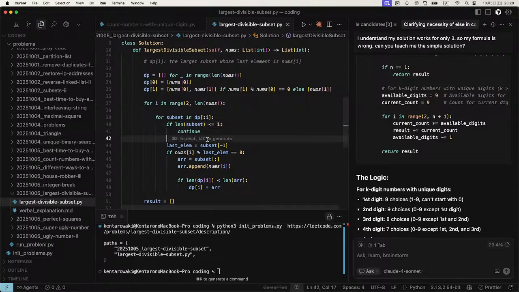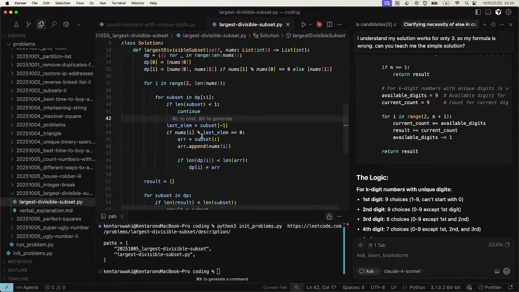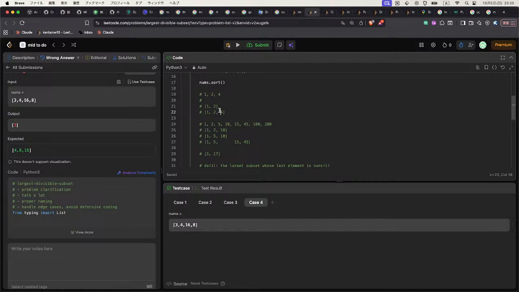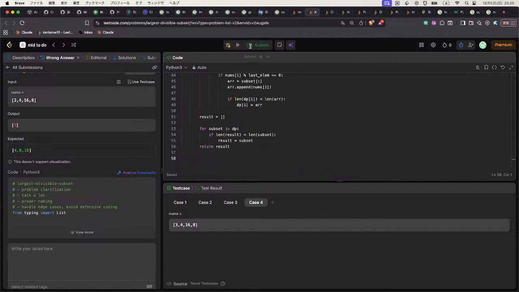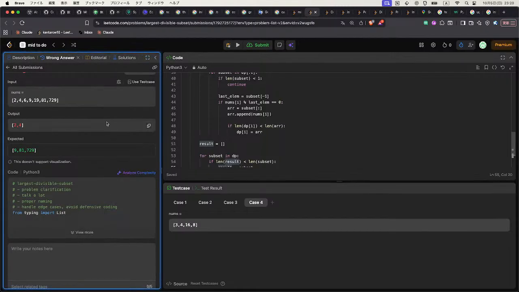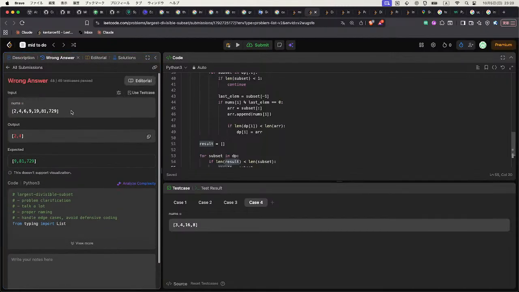If the subset is empty subset, yeah, nine.